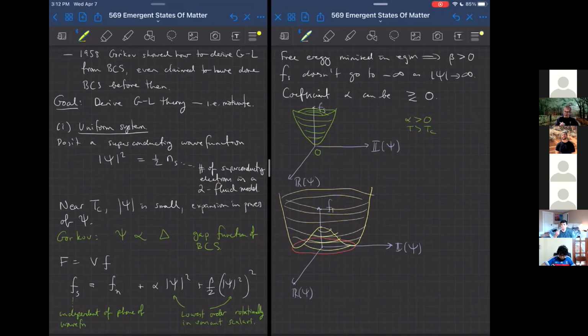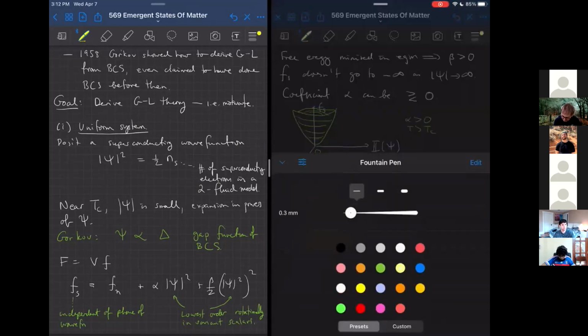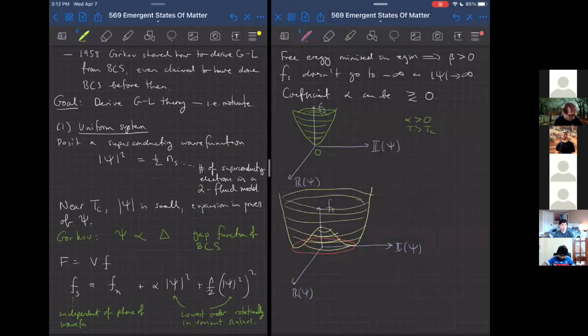There we go, something like that. So what I hope you can see is that this thing looks like the bottom of a wine bottle, and it has this minimum along this red curve. So this is a curve of degenerate minima.